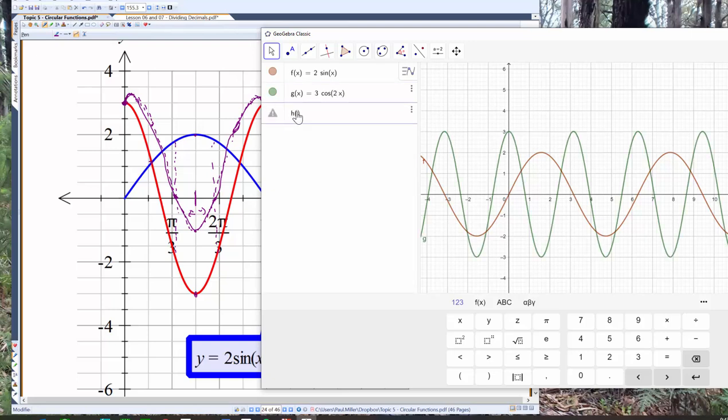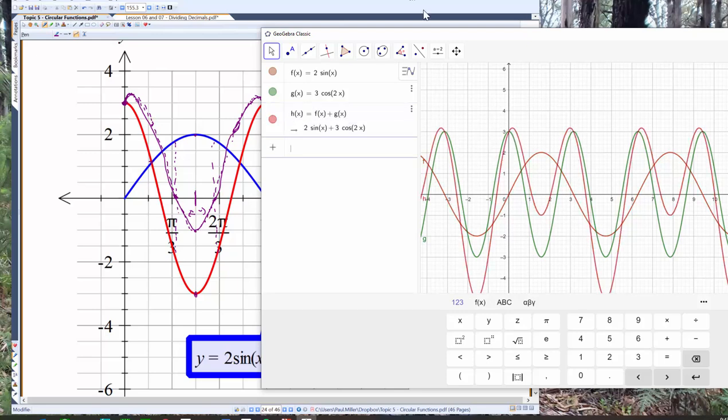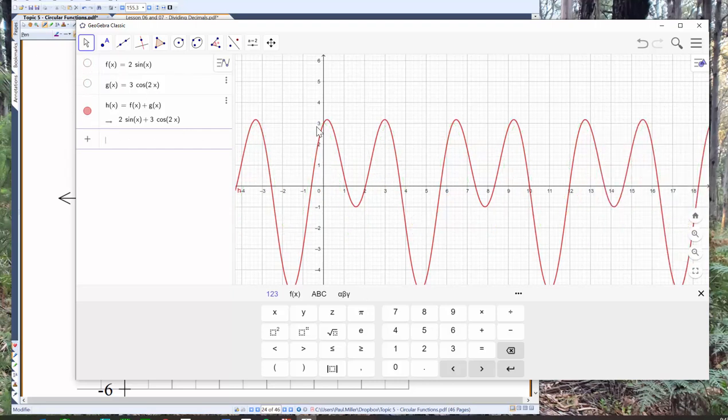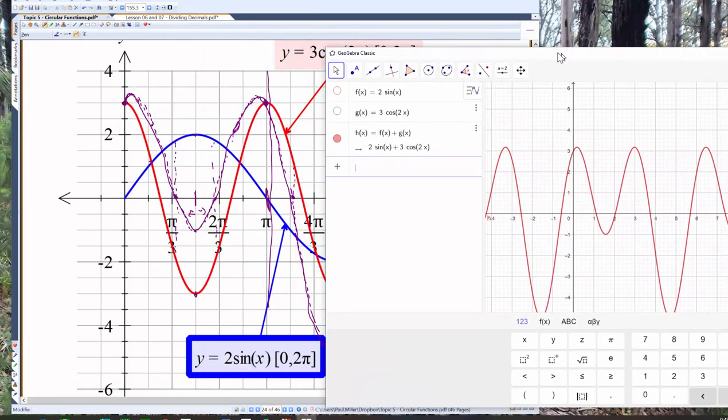And h of x equals f of x plus g of x. Let's just see whether we got that right. We're looking for the pink, or whatever color that is. Okay, so yeah, we definitely got that right.